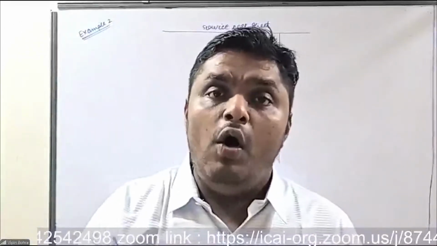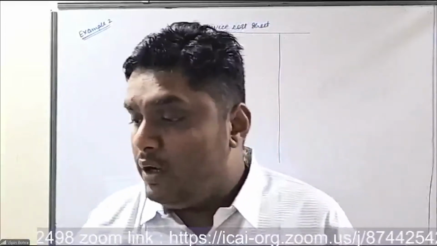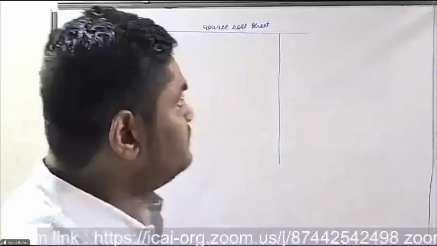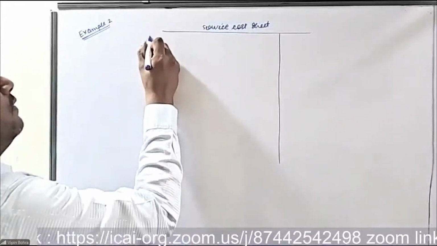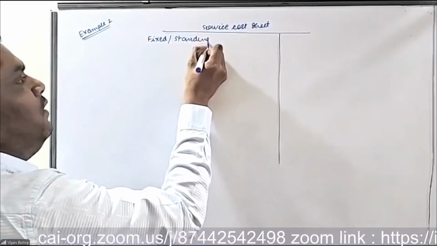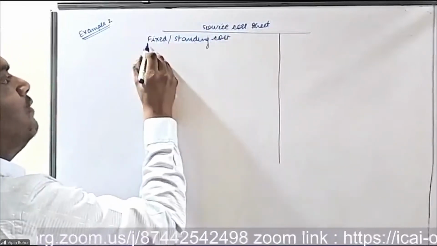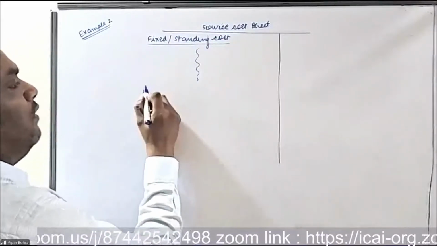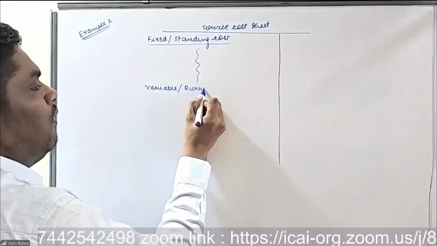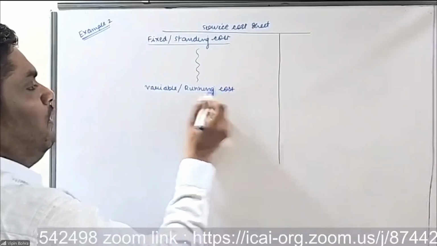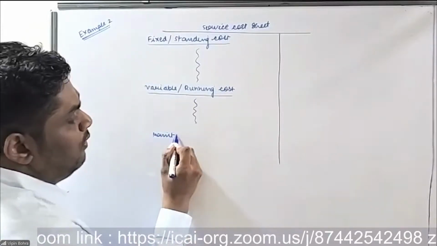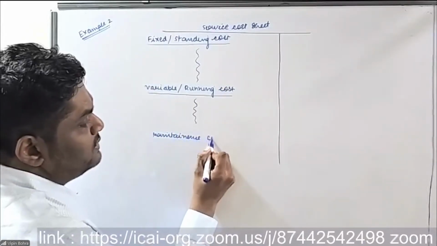we have to divide all the cost in three parts. That is, fixed or standing cost, variable or running cost, and the last one is maintenance cost.